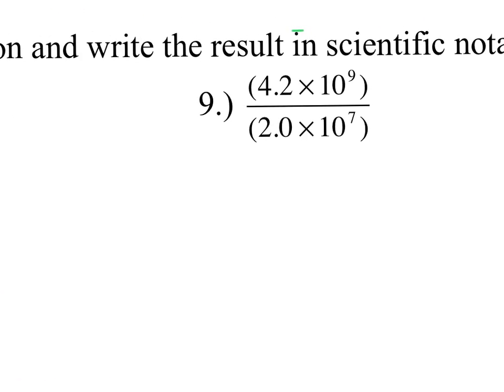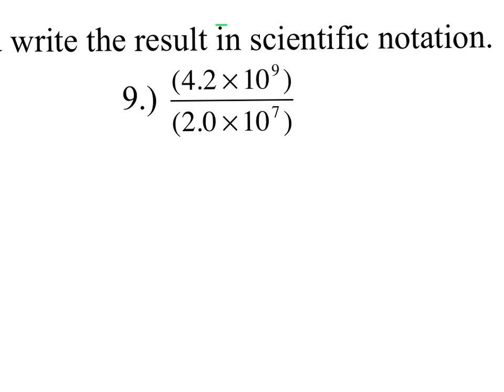So let's look at the division one. Same rules apply. When we're multiplying, we multiply the numbers. Then when we're dividing these scientific notation values, we're going to divide the numbers also. So what is 4.2 divided by 2.0? So it's essentially just 4.2 divided by 2, so cut it in half. 2.1.